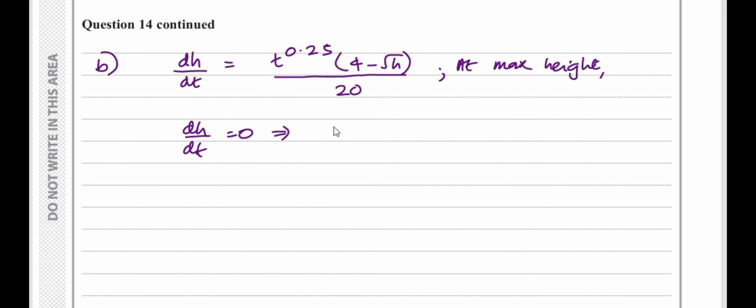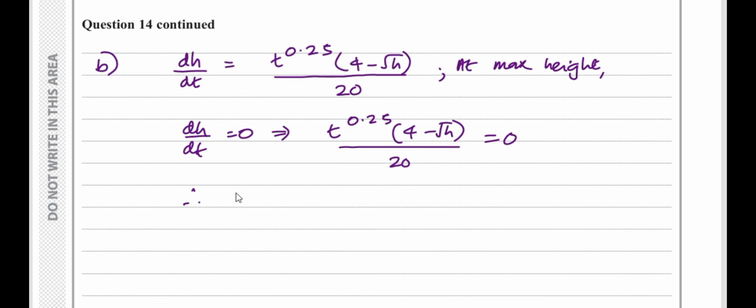That means t to the power of 0.25 times (4 minus square root of h) all over 20 should be equal to 0. Here, t to the power of 0.25 can never be 0, and the 20 in the denominator also won't result in a 0. Therefore, the main cause for this being 0 is 4 minus square root of h.